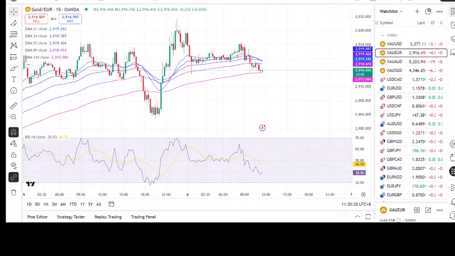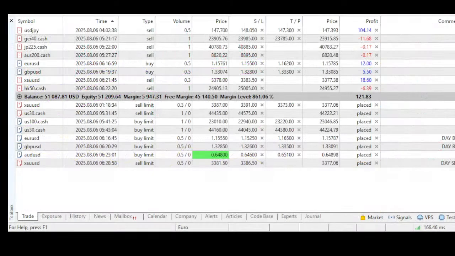Okay, so we are going for gold euro selling at 19 half and stop 25 half. Expiry just 3 hours from now.